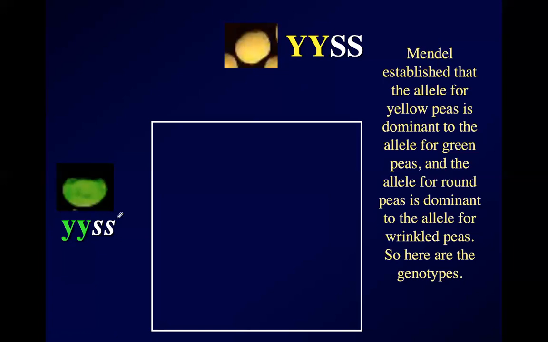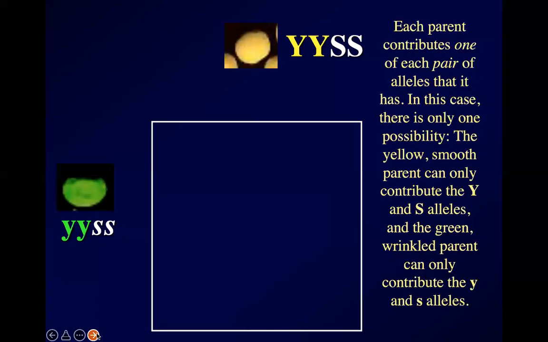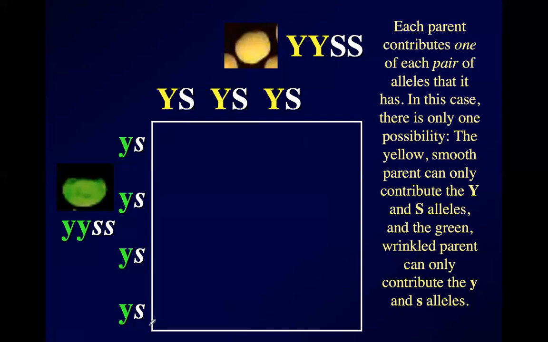I've made the little s italic because otherwise it would look like a smaller version of the big S. But I do want to make sure that you see they're truly different alleles. Each parent can contribute one of each pair of alleles that it's got, not both. And in this case, this is not very interesting.